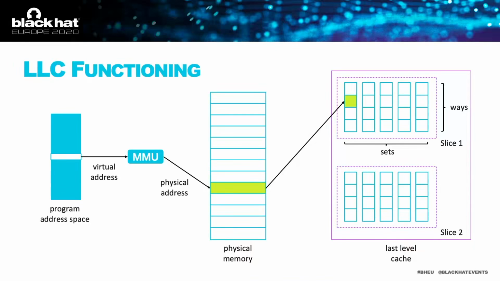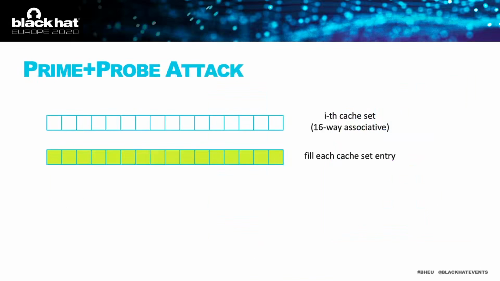And from the bits of this physical address, you determine in which cache set and in which slice of the cache you should put this cache line when you are reading or writing it. The number of sets depends on the size of the cache, but also on the associativity of the cache, the number of ways, which is also the size of the set.